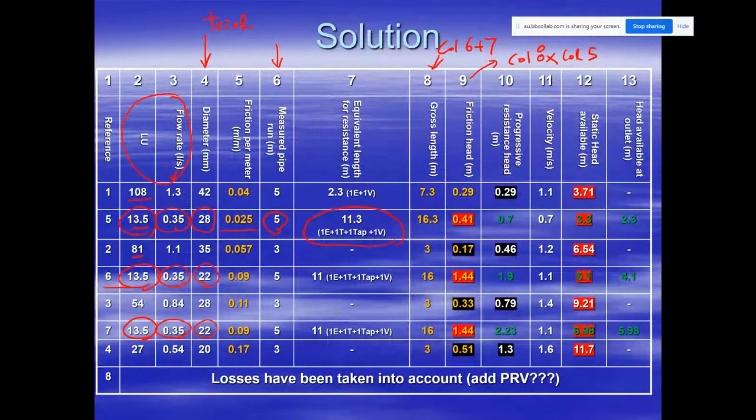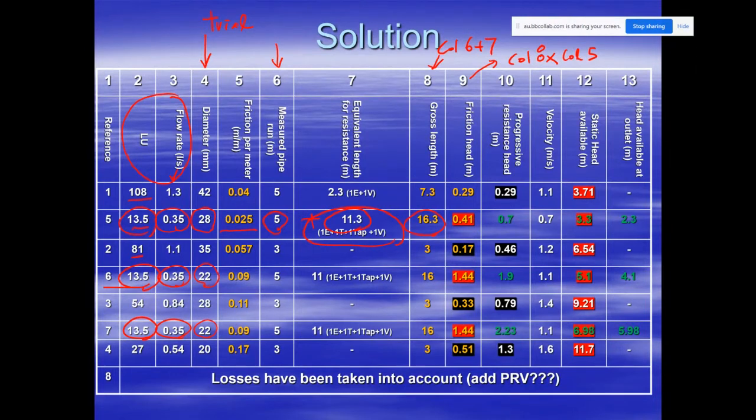And then you use the table to find the equivalent length for elbow, T, tap, and the valve. Now, and then the 11.3. I don't want to repeat, okay? I believe you are familiar with using the equivalent length table by yourself. Use column 6 plus column 7. This is 16.3. Understand?